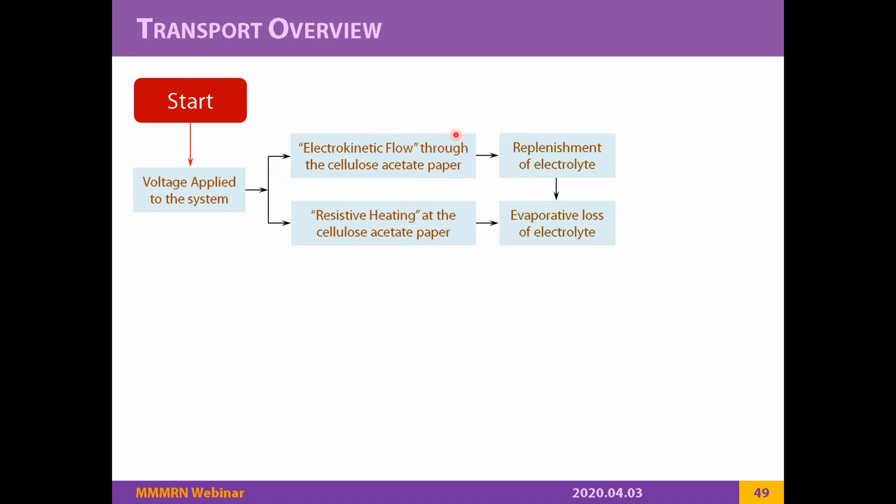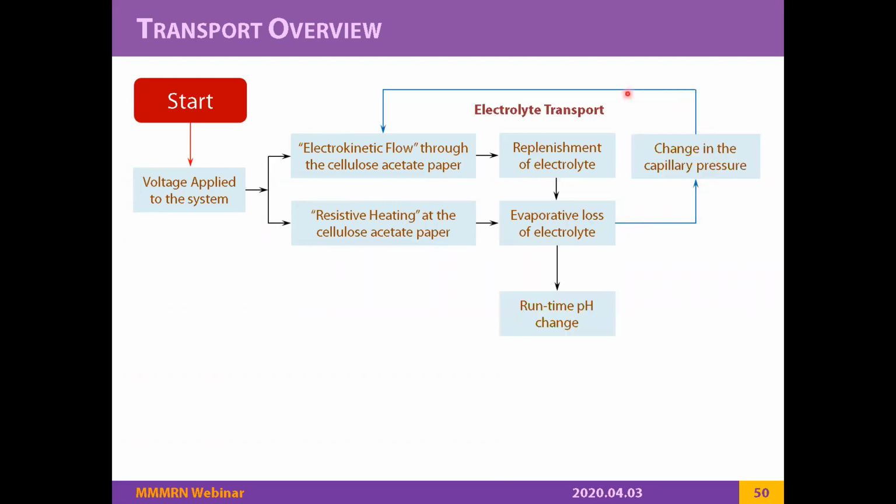The electrokinetic flow governs the electrolyte flow, and the resistive heating contributes to the evaporative loss. Those two are interconnected and have a cyclic nature. Both of these components further influence the electrokinetic flow.